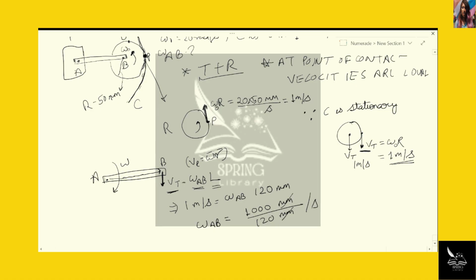Millimeters cancel, and this is 8.33 radians, which are dimensionless, per second. This is omega AB.